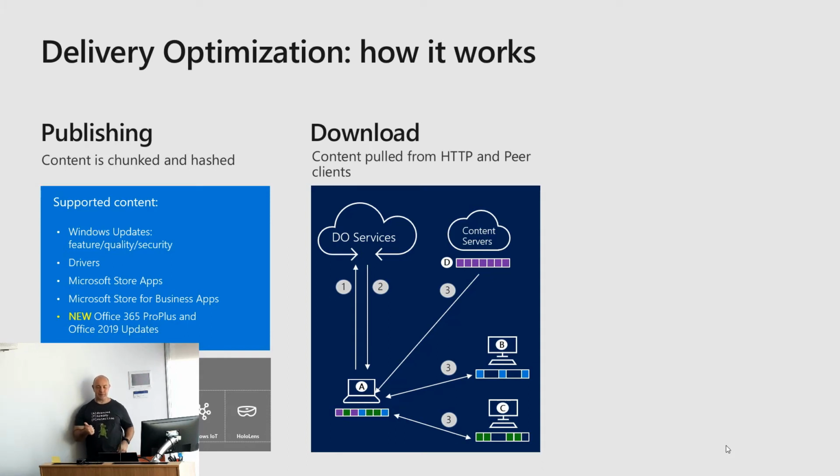Now, the reality here is if we think about what a delivery optimization server might be based on, my guess without any information whatsoever, so I'll make an educated guess, it will be something that runs on top of Nano Server 2019 or on top of Windows Server Core 2019.